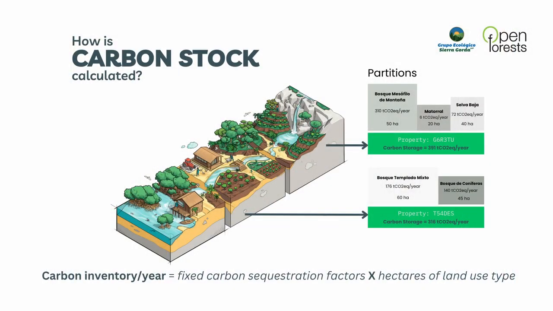In addition to the factors, there's also on-the-ground monitoring for sample plots available to prove the accuracy of these calculations. So, different properties with different land use types have a certain carbon storage potential per year that can be calculated.